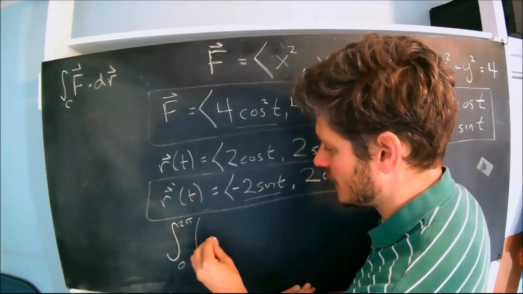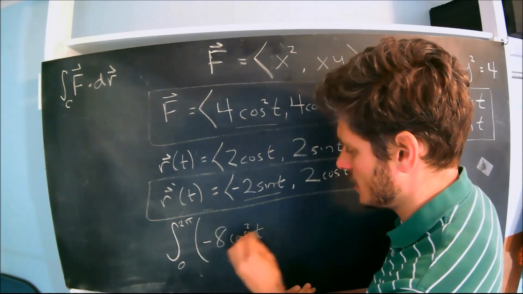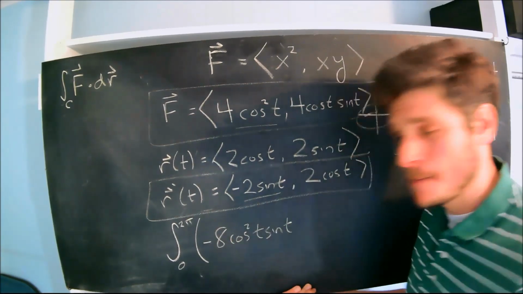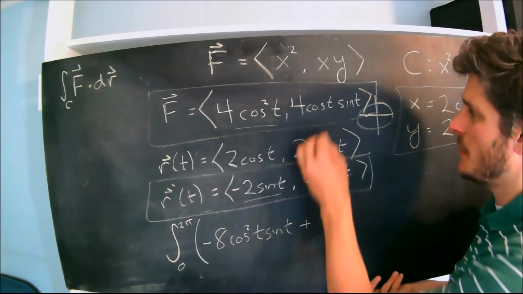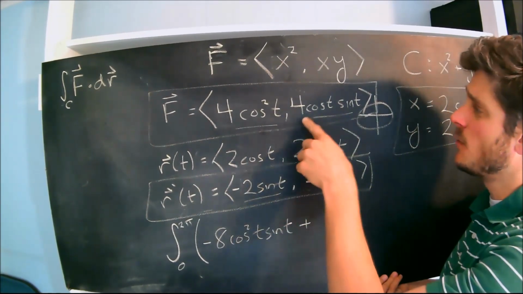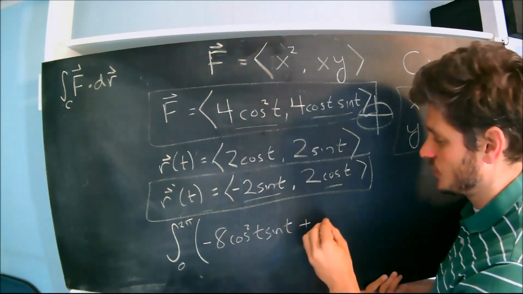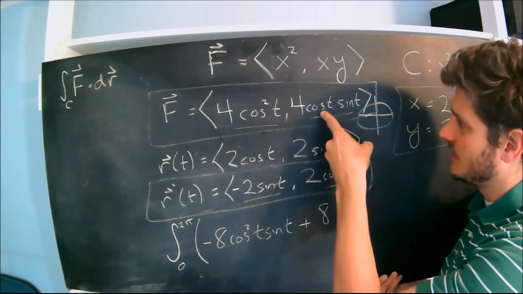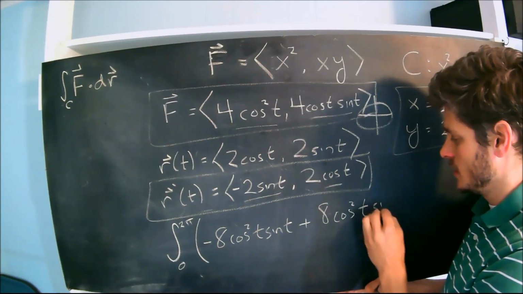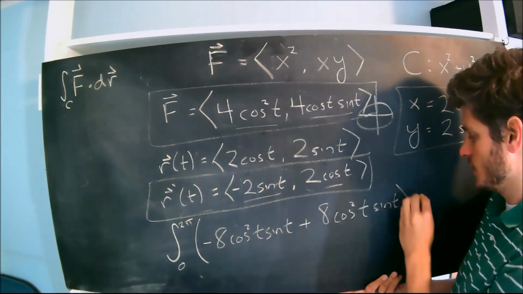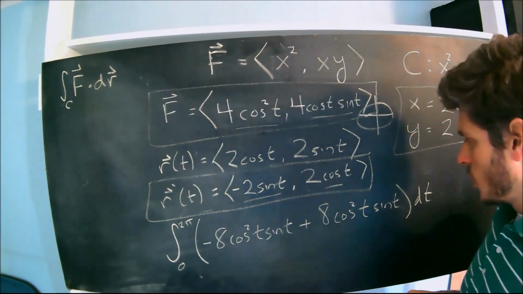Multiply those together, so that's negative 8 cosine squared t sine t plus, and now I need to multiply my y components together. So 4 cosine t sine t times 2 cosine t. So 4 and 2 is 8. I have cosine and cosine, so that's cosine squared t sine t dt. And this is the integral that I want to evaluate.